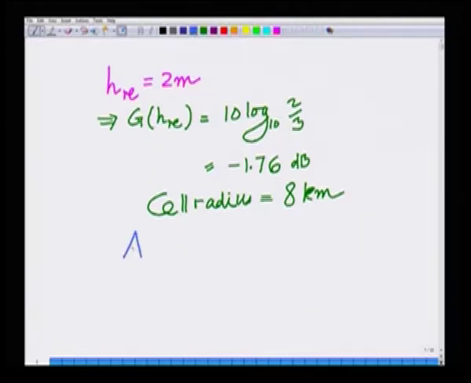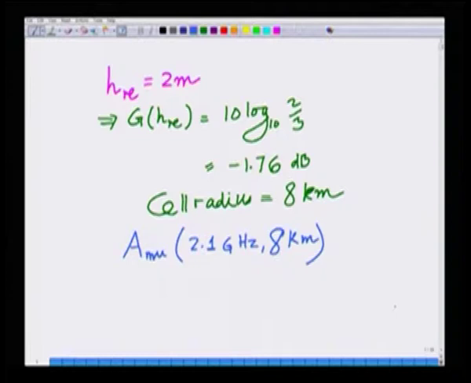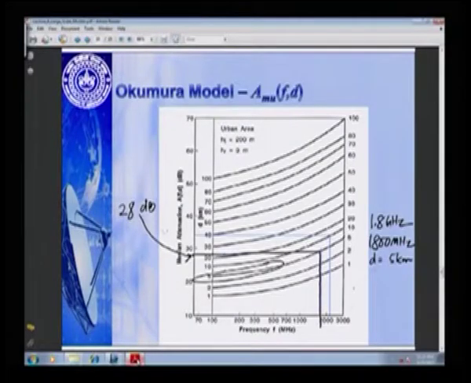Hence, we want to compute the A mu factor at 2.1 gigahertz and 8 kilometers. For that purpose, we have to look at the chart related to the Okumura model. Let us go and look at the chart that is related to the Okumura model.